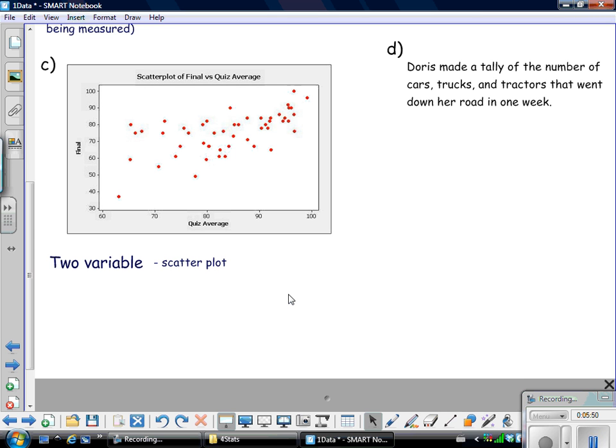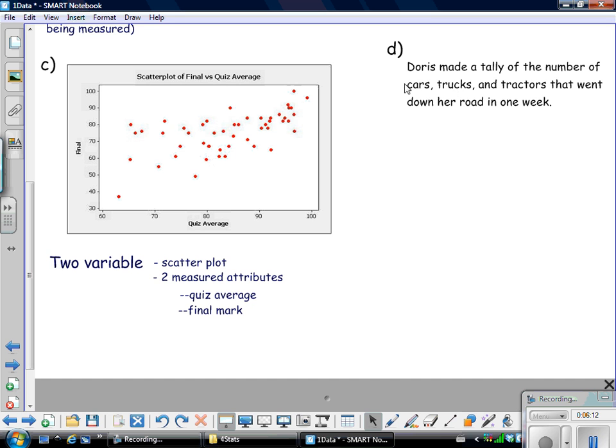Because it's using a scatter plot. The other reason is the two attributes that I would be measuring would be the quiz average and the final mark. If it is two variable, I should be able to state what my two attributes are.